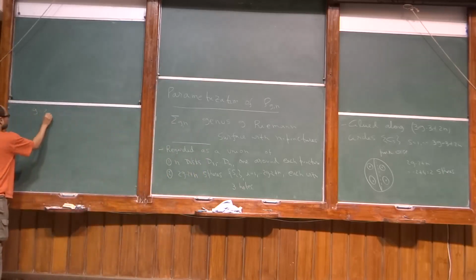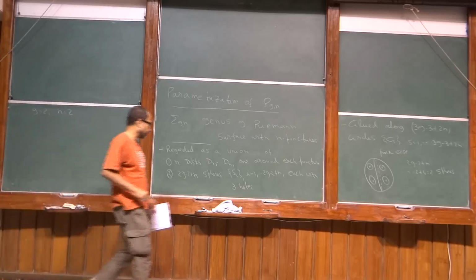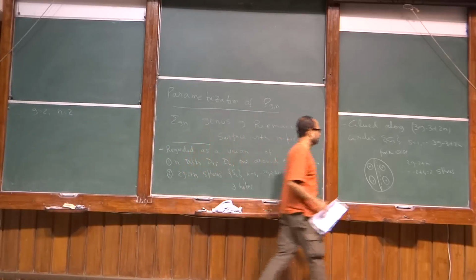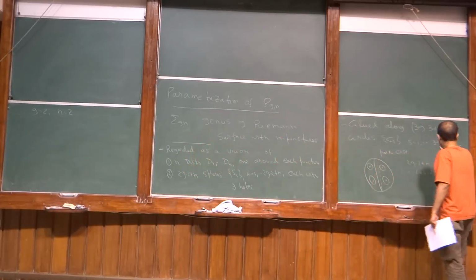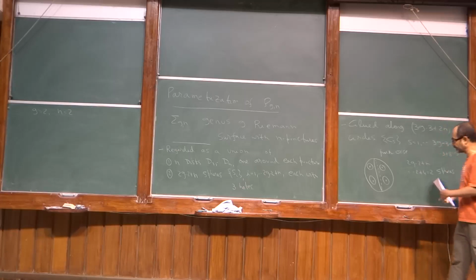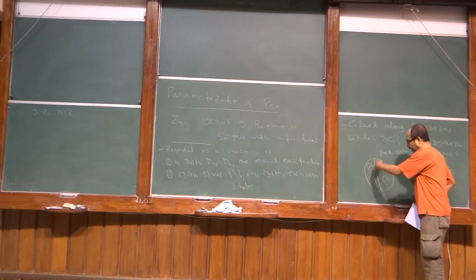The number of circles is also fixed. Let's say the number of circles is supposed to be how many? For g equal to 0, it is minus 3 plus 2n, which is 5. So 5 circles: 1, 2, 3, 4 and this is the 5th circle.